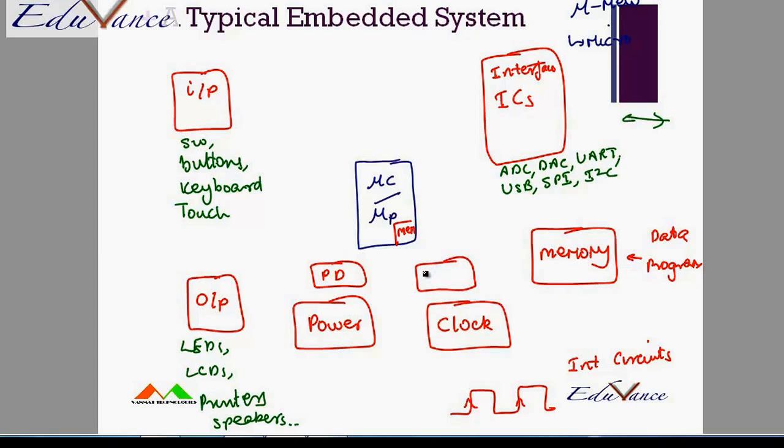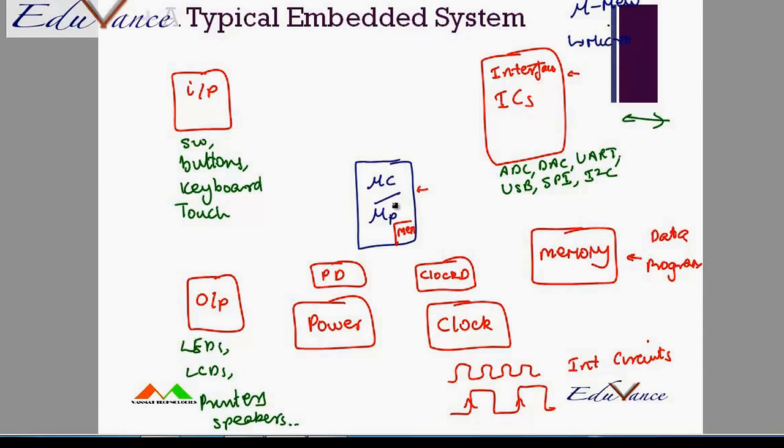And another category is clock distribution, because a lot of the interface ICs and the microcontroller, they work on different clocks. So this might be one clock, then another chip might work on a faster clock. So you need proper clock distribution as well.